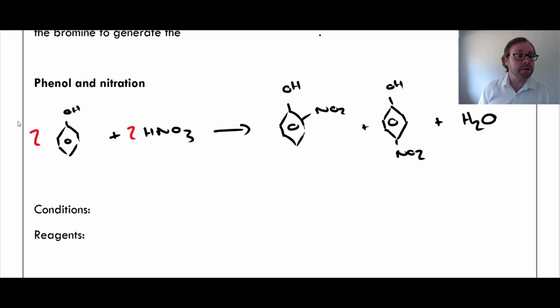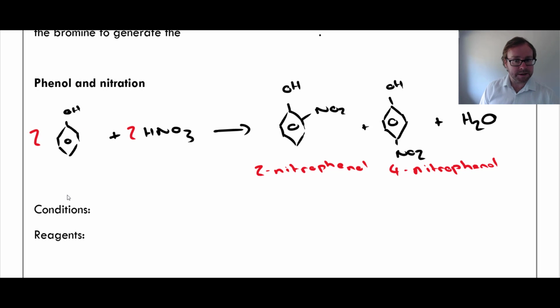Okay, I'm sure you noticed that it's not balanced, so we need 2 phenols and 2 nitric acids, and we produce these 2 things. Okay, I'll actually get you to do this. So I want you to name this one and this one. Okay, I'll give you a minute. Again, I'm sure you've all worked this out. So we get 2-nitrophenol and 4-nitrophenol. So we actually get a mixture of products produced. Okay, so conditions.